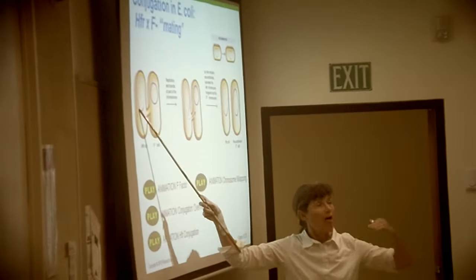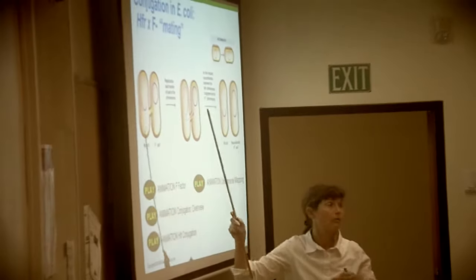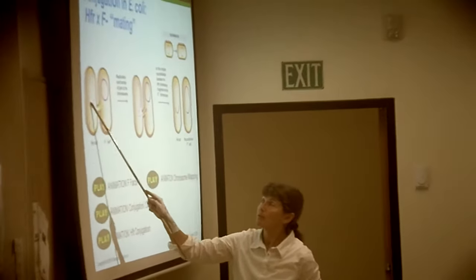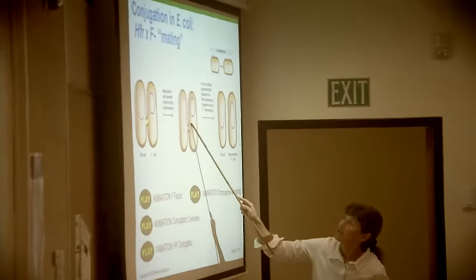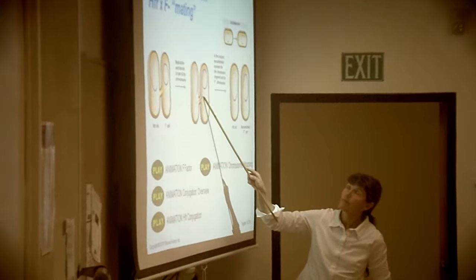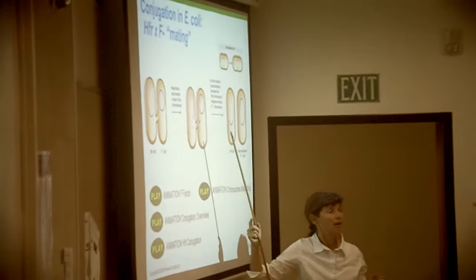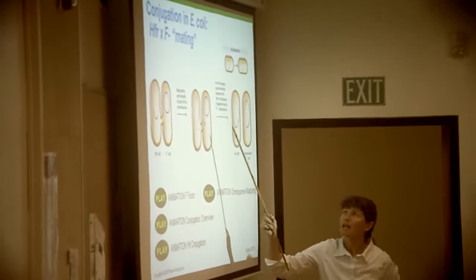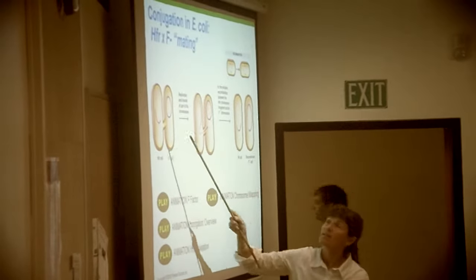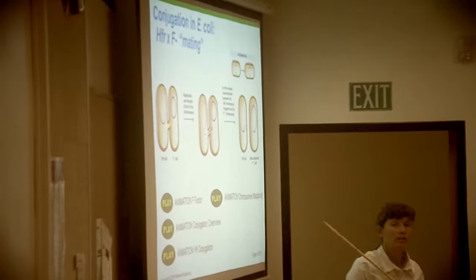And again, it's a copy of the F factor, a copy of the donor chromosome that will be transferred. So if we can imagine that, the first half of the F factor is transferred, and then it drags a copy of the donor's chromosome into the recipient, and it's only at the very end that the second part of the F factor gets transferred to the recipient.